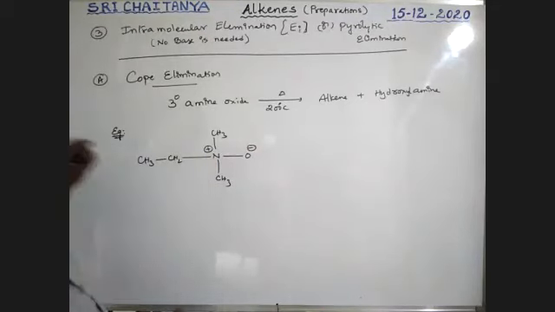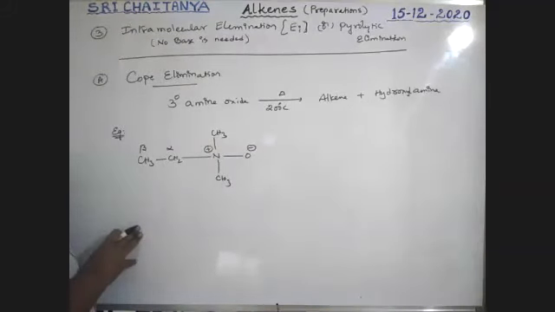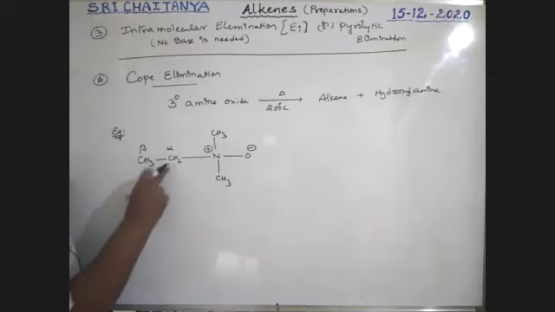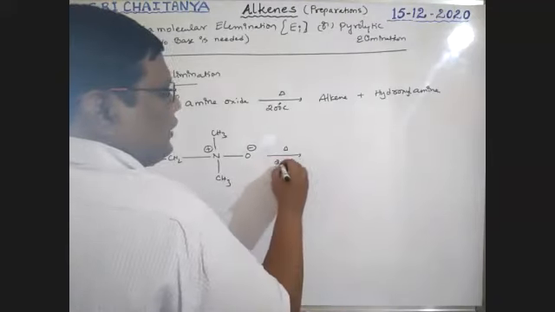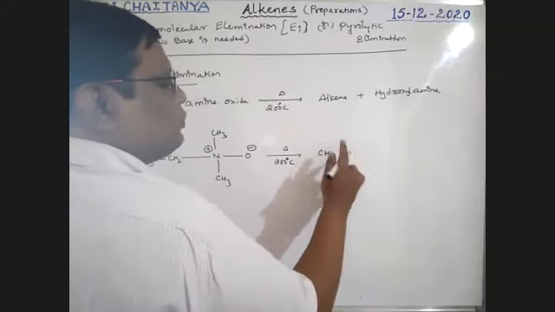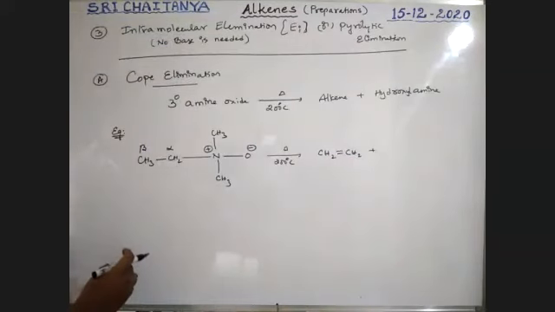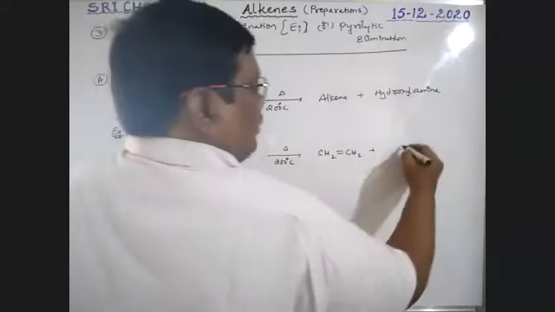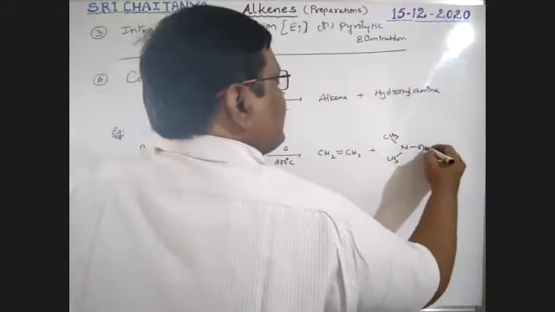For this nitrogen, this is the alpha position, this is the beta position. So between the alpha and beta positions, an alkene is produced. On pyrolysis at 200 degrees centigrade, that gives CH2 double bond CH2 plus nitrogen bonded with CH3, CH3, OH is the product, boys.